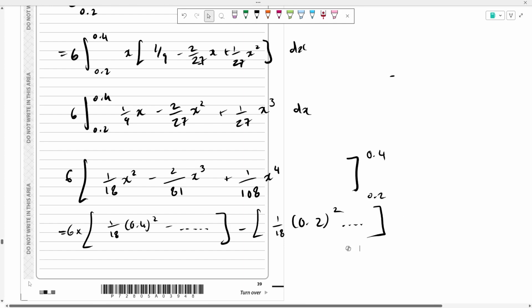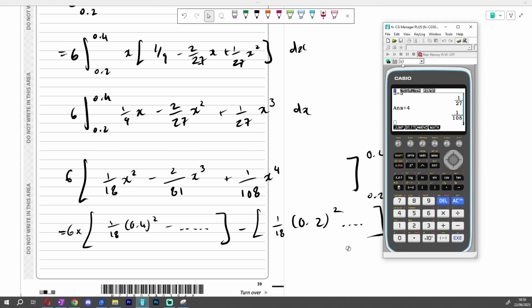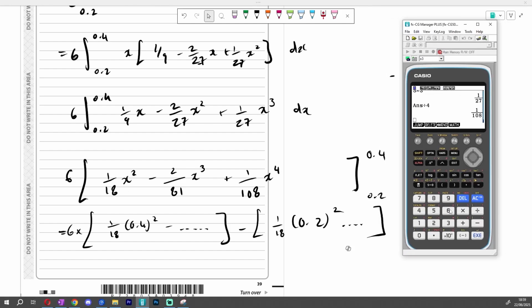Okay, and then we can just kind of sub this into our calculator. I'm going to use 0.4 like that as our answer. 1 over 18 answer squared minus 2 over 81 answer cubed plus 1 over 108 answer to the power of 4.